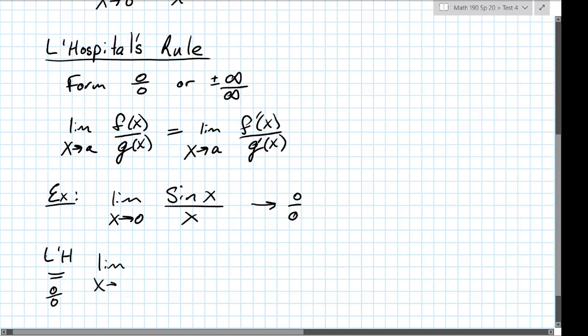Taking the derivative of the top function, taking the derivative of the bottom function, we now have a limit. We can use direct substitution. Cosine of 0 is 1, over 1, and now we have a limit.